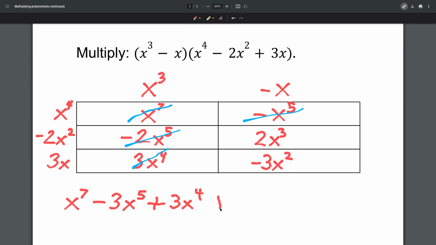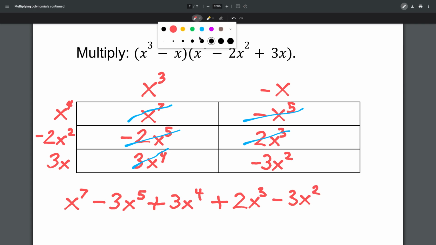So plus 2x cubed. Okay, and we will cross that one off. And then finally, we have minus 3x squared. And we will cross that off.